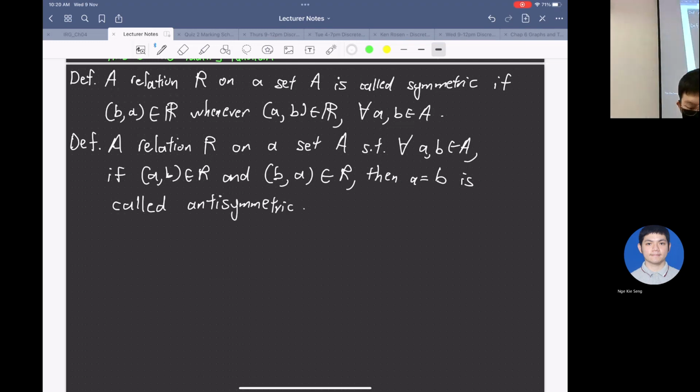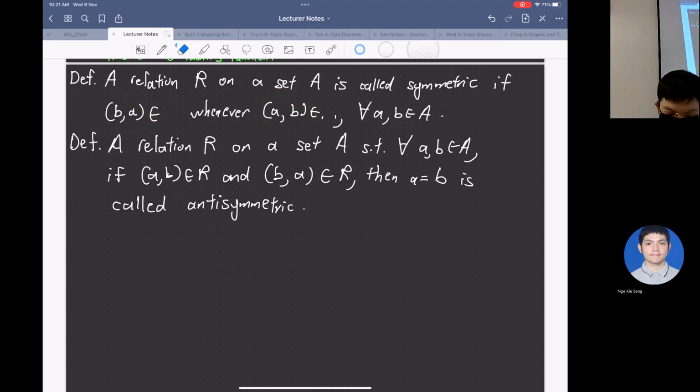Okay, notice that these are not negation of each other. That means you can be both. You can be not symmetric and also not anti-symmetric. And then what this means is, if AB is in the set, then BA is also in the relation.